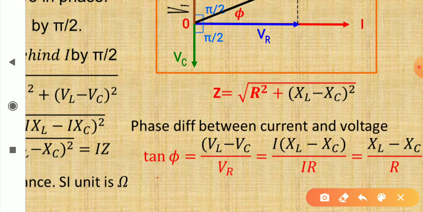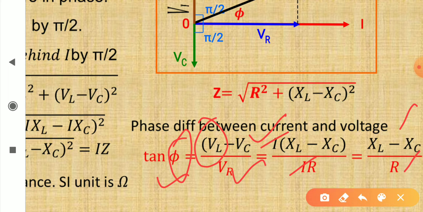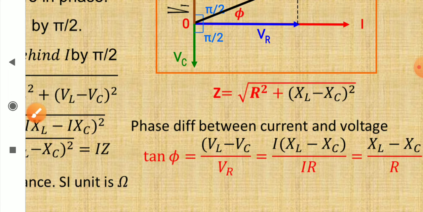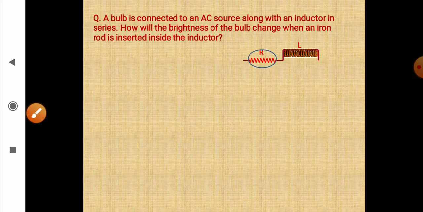See, tan phi is equal to VL minus VC upon VR, and putting the values, you get IXL minus IXC upon IR, and cancel out current, you will get XL minus XC upon R. So if VL is larger than VC, then phi will be positive, voltage will lead. If VL is lesser than VC, then this phi will be negative and voltage will lag behind.